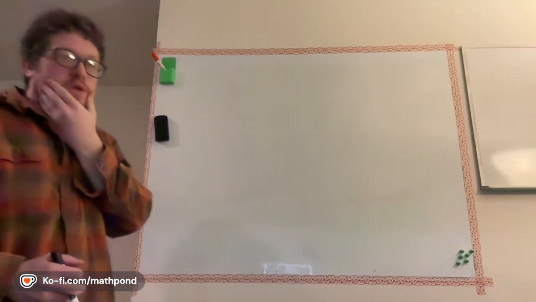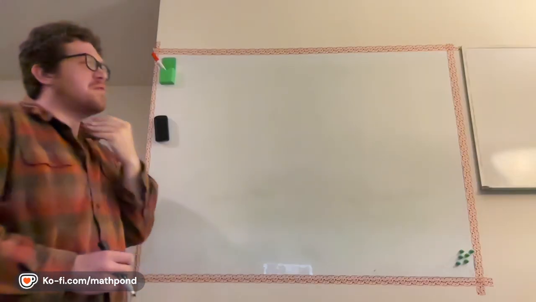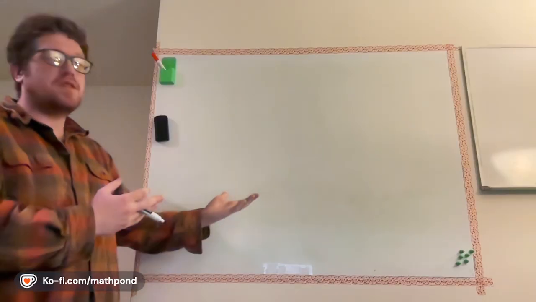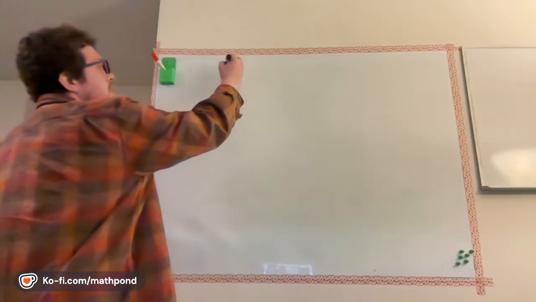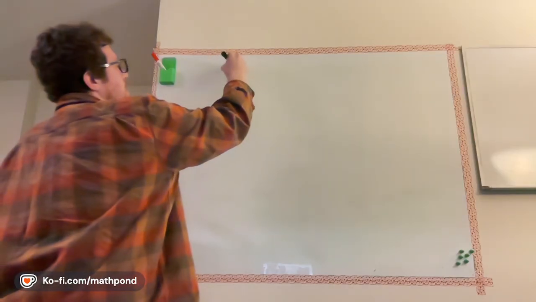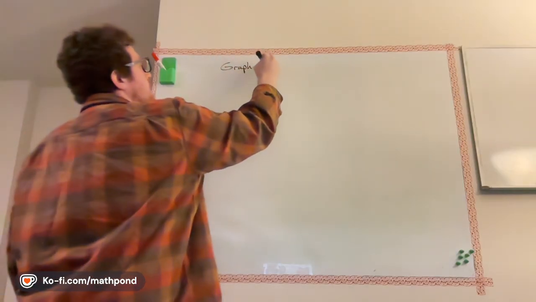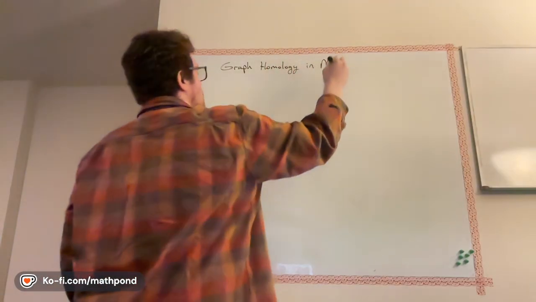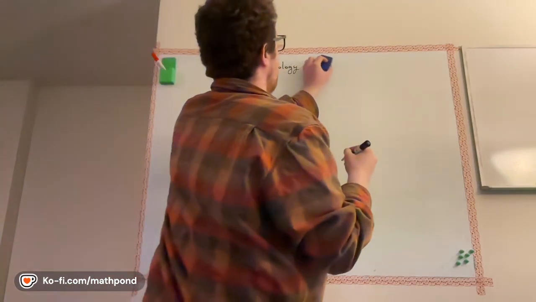Okay, so the types of sums you're going to get from the graph homology stuff in this, C star of the Cartesian product.